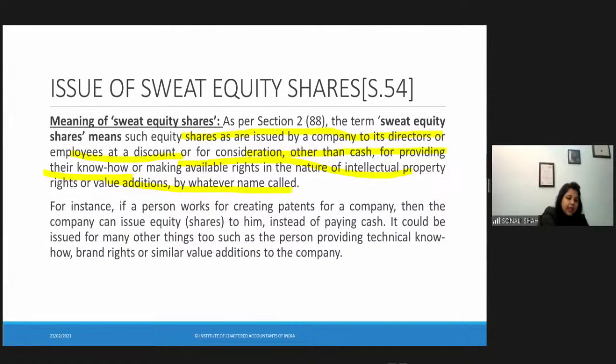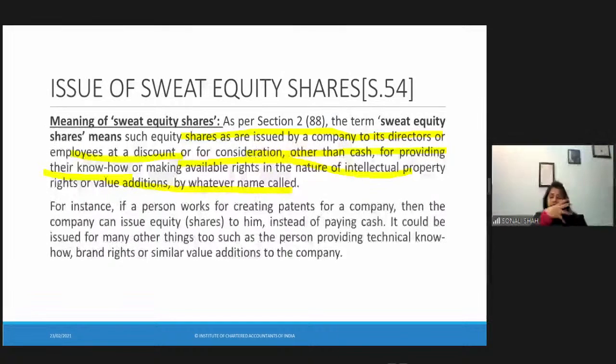So let's say I'm an inventor. I'm an employee of TCS, but I have invented a process through which the software of the TCS will increase its speed by 10 times. So I have developed that IP while being an employee of the company.